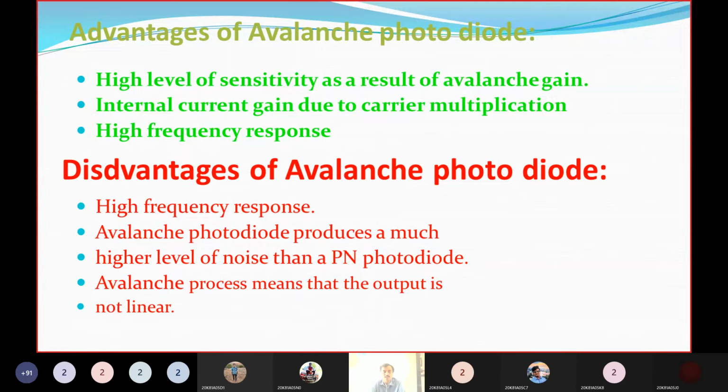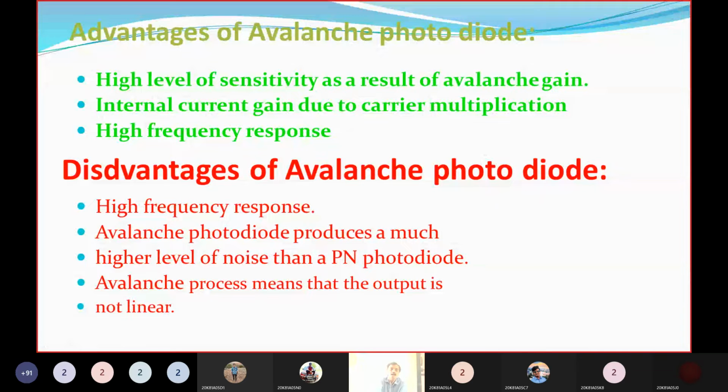In the case of a PN diode, we have to use an external amplifier, but here there is no need for amplification. Internal gain occurs due to carrier multiplication. This is the main advantage of avalanche breakdown.